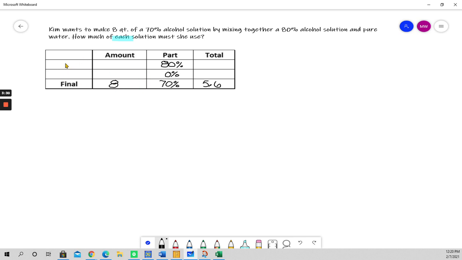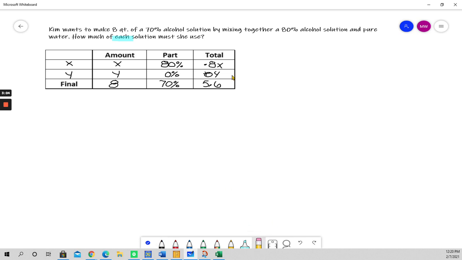We have the 80% alcohol, so we'll label that X. We don't know the amount, X. The pure water, Y. So 80% of X, or 0.8X, plus 0% of Y, so 0Y, equals 5.6 of my total.